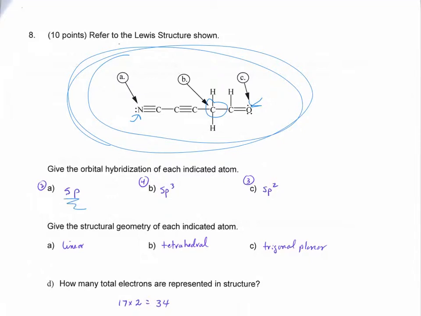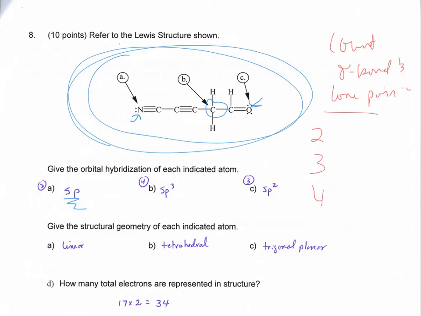So now remember, this is where you count sigma bonds and lone pair electrons. Sometimes there aren't any lone pair electrons. Lone pair dots. Okay, and this is where we had a 2, 3, and 4.